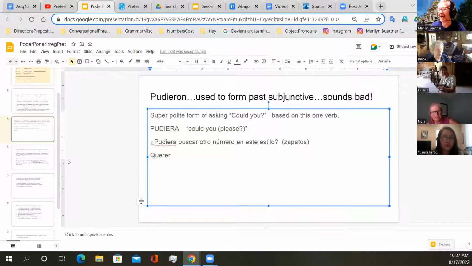So, quisieron is the same kind of thing. So I'm going to put it in caps. QUISIERON is what we'll use to build the same thing. These are known as super polite kind of things. So we take that and we change quisieron to quisiera.